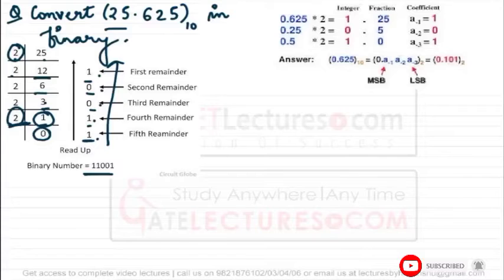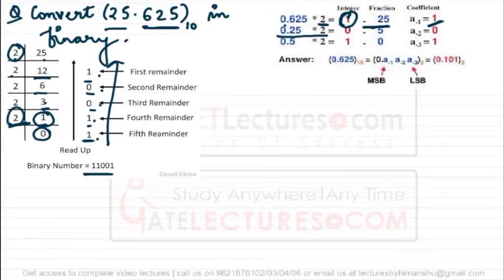Now look at the fractional part, 0.625. What are we going to do for the fractional part? We multiply it repeatedly by 2. 2 is the base of binary, that is why. What is 0.625 into 2? You get 1.25. You take this 1. What do we do with this 0.25? You multiply it again by 2. What do we get then? 0.5. Here the integer is 0, so we take 0, and 0.5 comes here. It is multiplied by 2 again. You get 1, a complete integer, so we get 1 here.